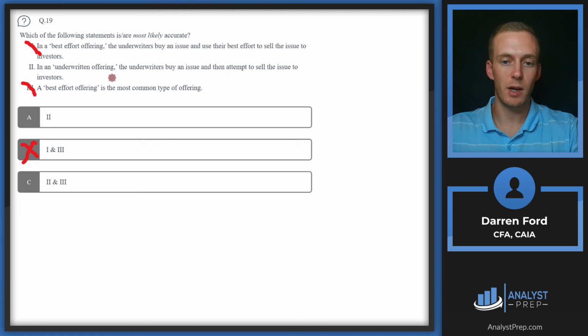And so by doing the underwritten offering, the company is getting their set guaranteed cash. And then the underwriters are going to get their payday from selling it for over that amount. So this is a pretty common way, since the companies likely want to raise cash for some specific thing and need a certain amount. So this gives them that set amount. So since 3 isn't correct, we'll cross that off and we'll go with A. Just statement 2 is correct.